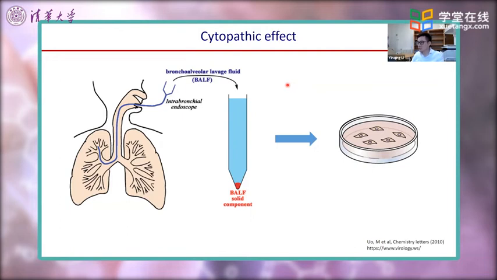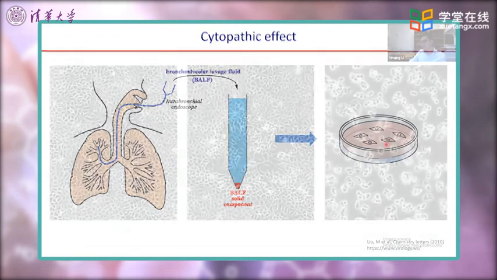The way it works is that we flush the lung, where we know the infection occurs. The liquid will carry off some of the extracellular content, including the virus that we're interested in. Then we pass this liquid onto cells in vitro in a dish, and we observe the morphology changes, if there are any, in the cells.